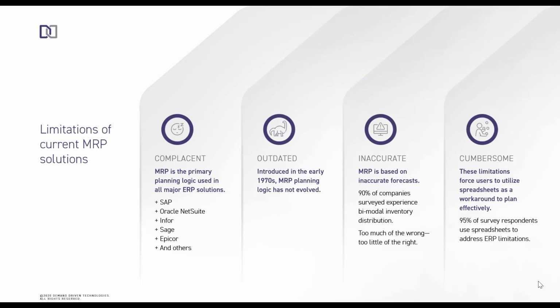So when we think about how to enhance materials flow and improve our planning processes, let's take a look at how a majority of supply chains are planning today, which is traditional MRP solutions and relying on forecast intelligence. So MRP is the primary planning logic used in all major ERP solutions today.